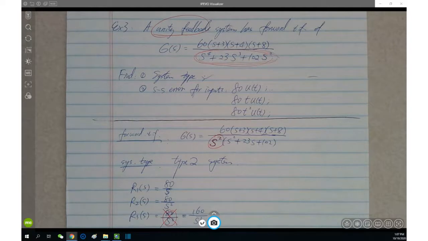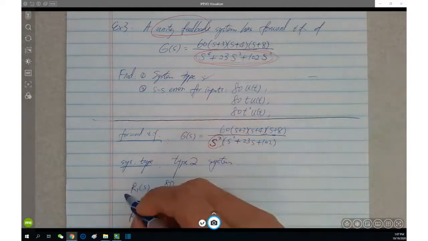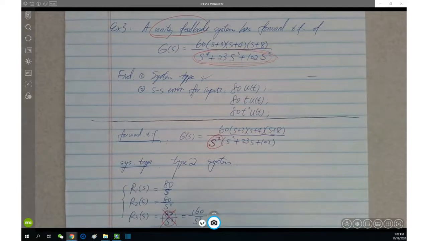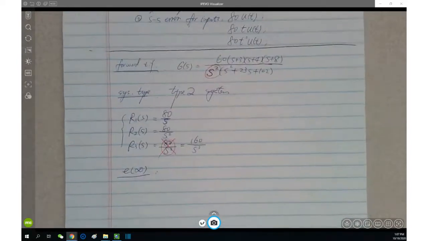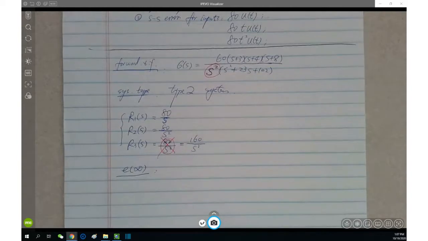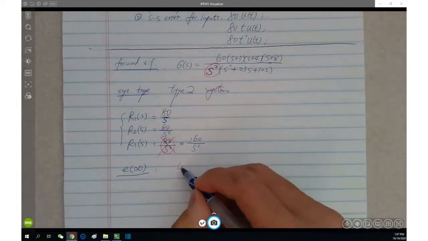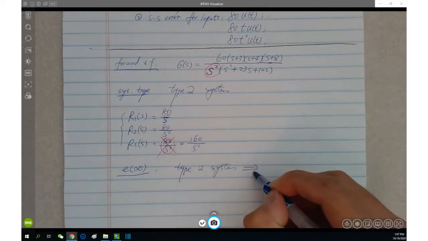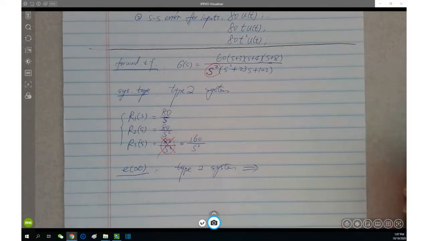After having these, you need to be clear: look for the steady state error as the last step. A type 2 system leads to what? It leads to 0 steady state error for both step and ramp. And this is something we learned from last lecture.